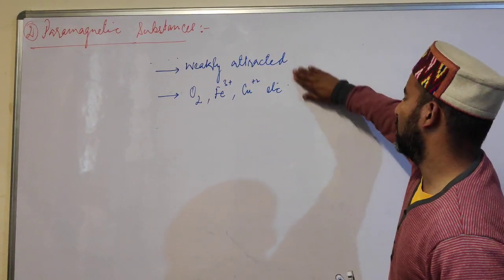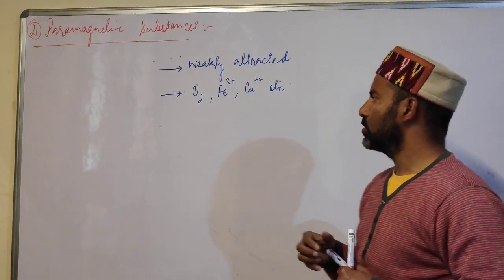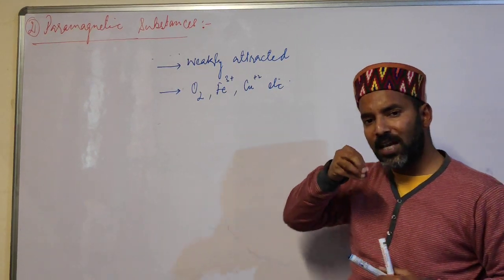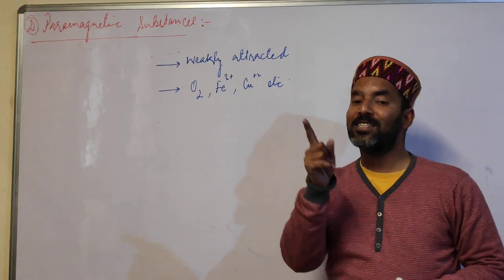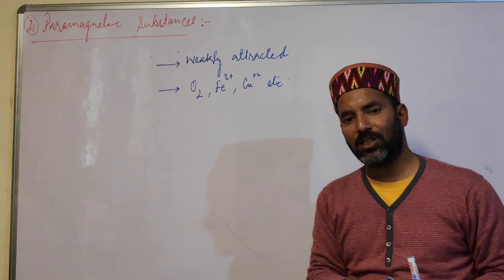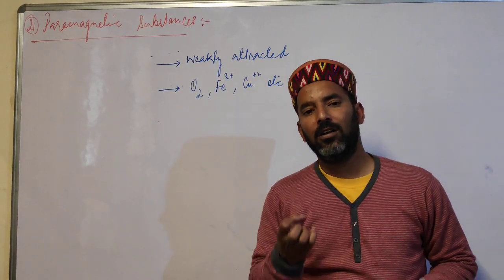Now students, what is paramagnetism? These are those substances which, when placed in magnetic field, get magnetized but in the same direction. And therefore these substances have net magnetic moment.